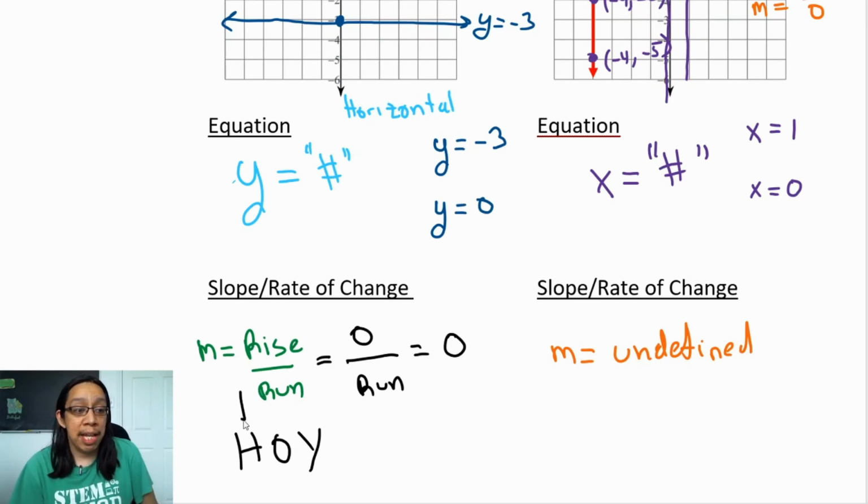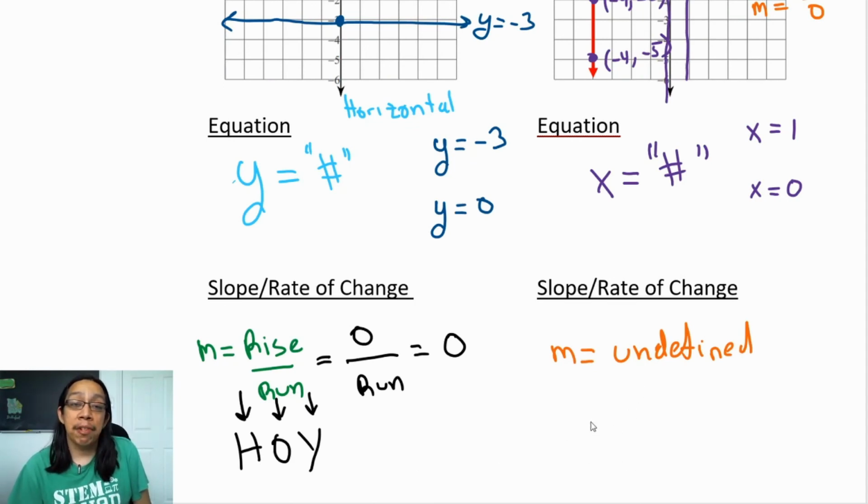So that means that the H here stands for horizontal. The middle part always tells you what kind of slope you have. In this case, the letter O looks like the number 0, so that should tell you that the slope is 0. And then finally, the last letter tells you what kind of equation you have. So that means that if you have a horizontal line, your equation will always be y equals.